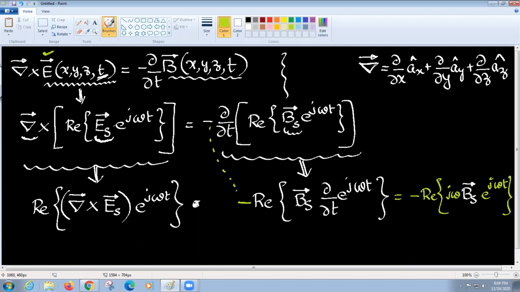All right, so now this quantity is equal to this quantity.